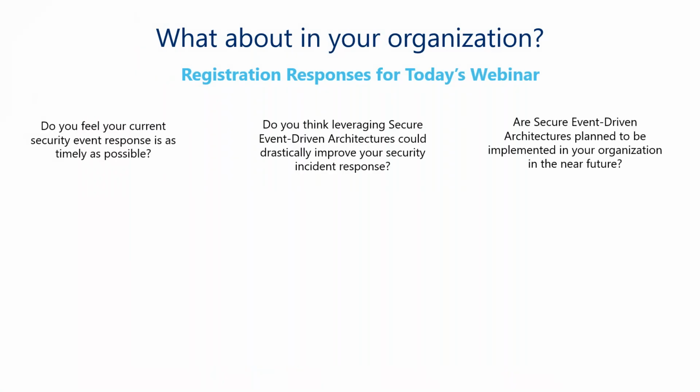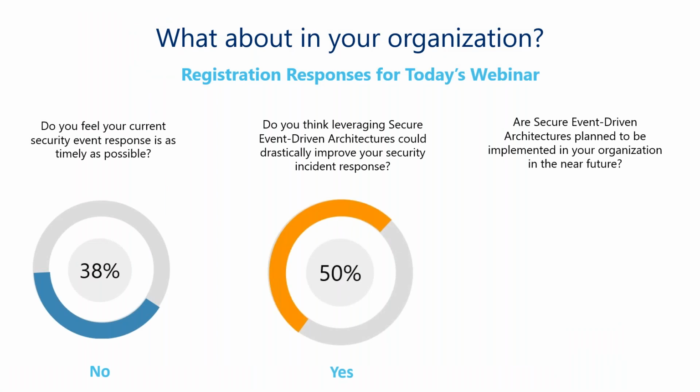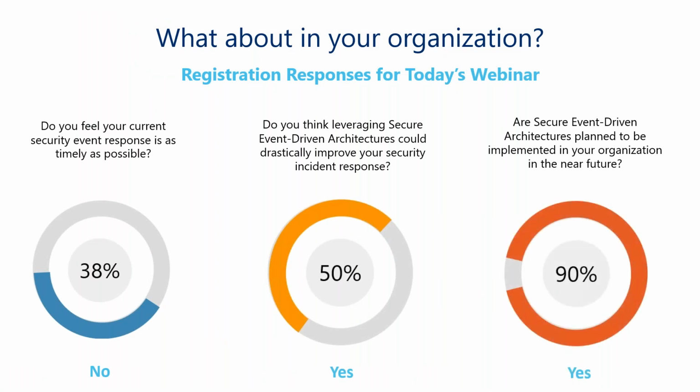Today we asked folks before the webinar to answer these questions, and I always find this interesting because it gives you an idea based on your environment, and your peers. Do you feel that your current security event response is as timely as possible? 40% said no, they're not comfortable with that today.